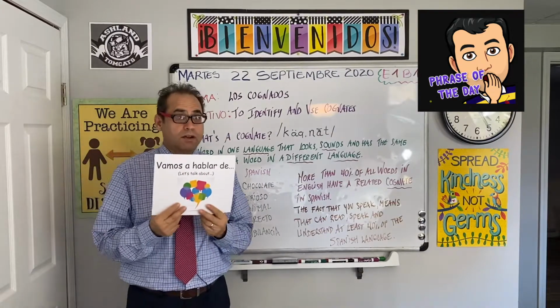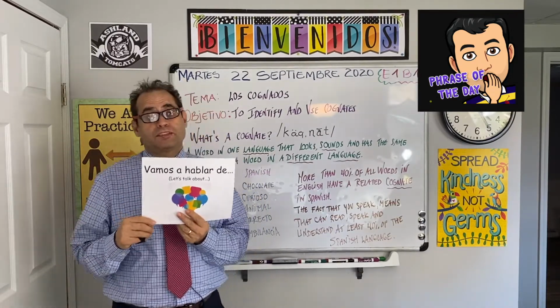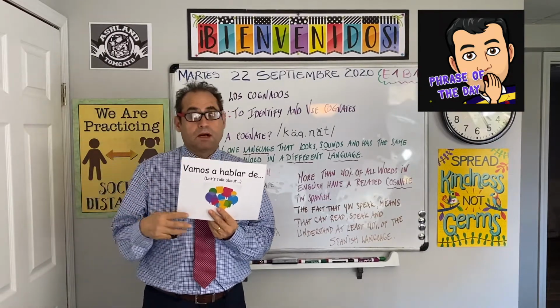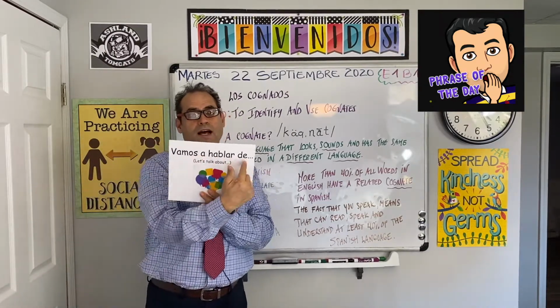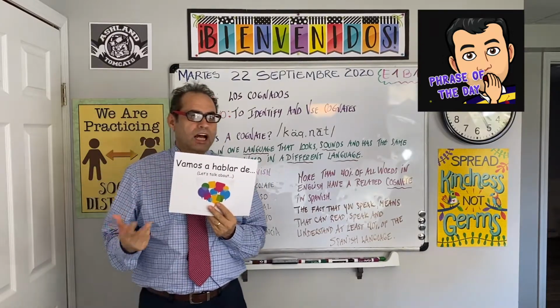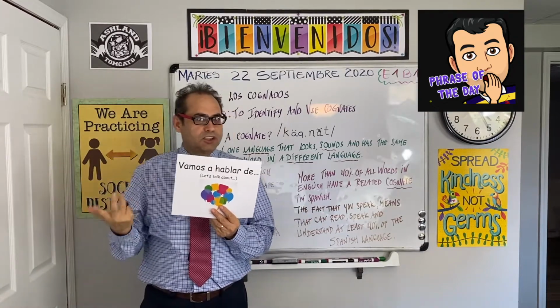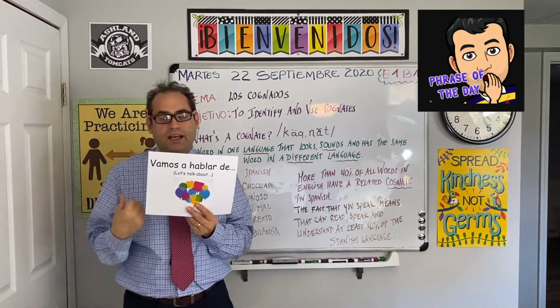So we say, vamos a hablar. Maybe your mom or your dad comes to you and says, well, something is happening here. Vamos a hablar. Vamos a hablar de. It is when something is going on and you need to clarify some ideas about any situation.